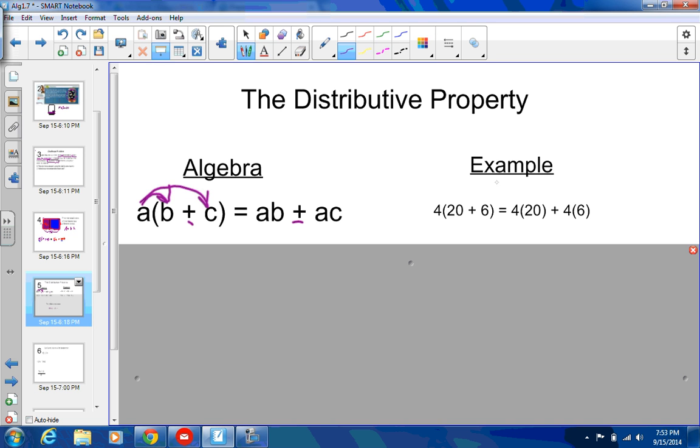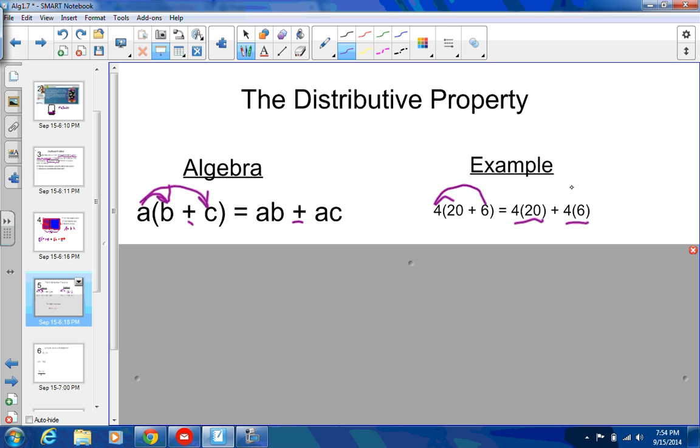To put it in different terms, we know that 4 times (20 plus 6), you can simplify that 20 plus 6 on the inside and then multiply it. But using these numbers might be a whole lot easier to figure out the answer in your head. So you can distribute the 4 times the 20, which is right here, and add that to the 4 times the 6, which is right here.